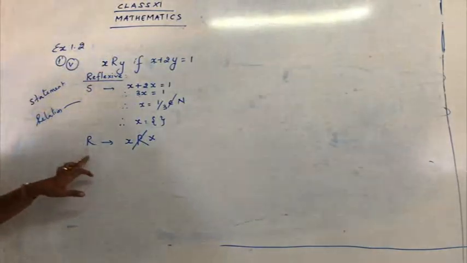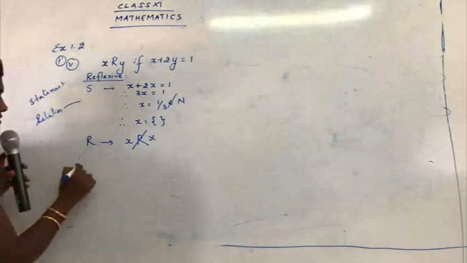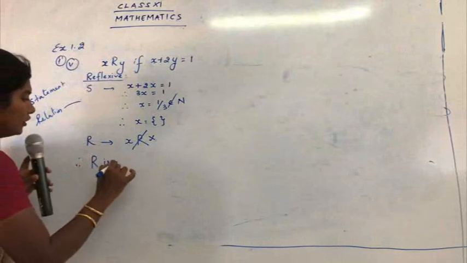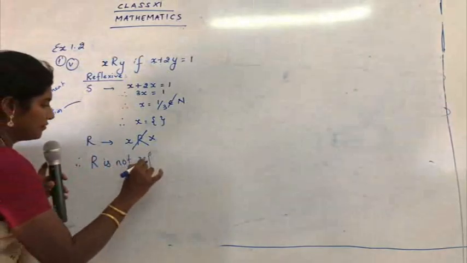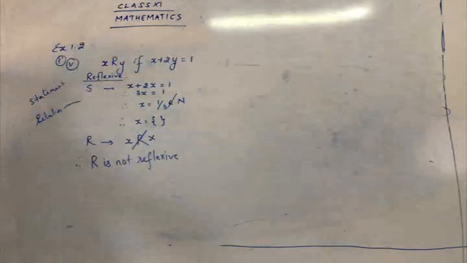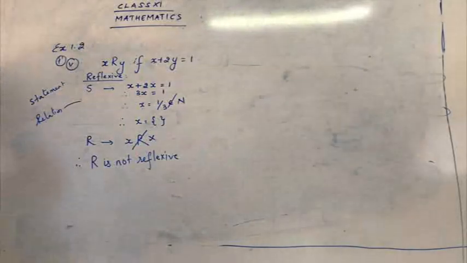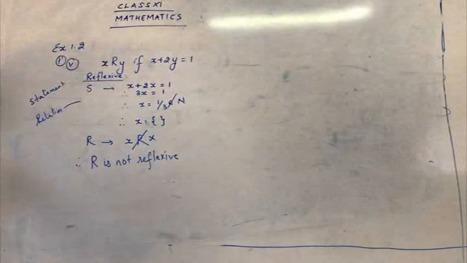So relation says x is not related to x. So what's the statement, children? Therefore, R is not reflexive. So we have completed the first part of the sum. That is, we have checked for reflexive. And what we have arrived at? We have arrived that R is not reflexive.